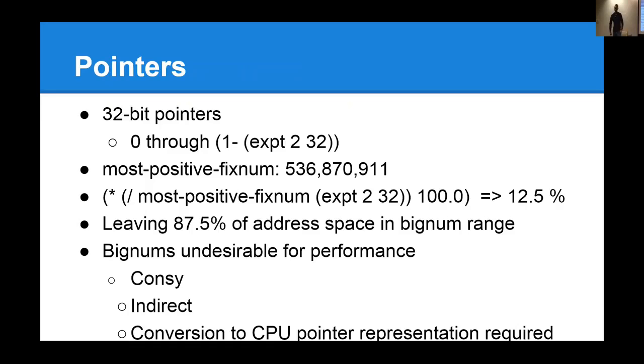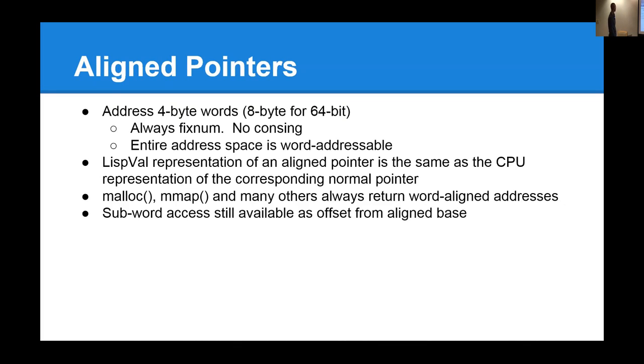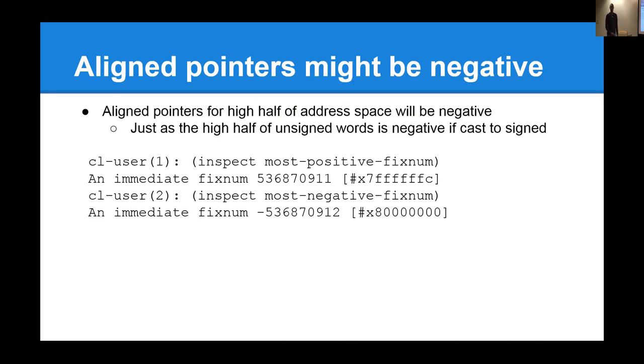So we have 12.5% using plain positive fixnums, and then we restrict everything to be aligned to a multiple of 4. Oh, you're asking about the 12.5% of negative fixnums. Right, so do you then use negative fixnums for high addresses? Yes, we do.